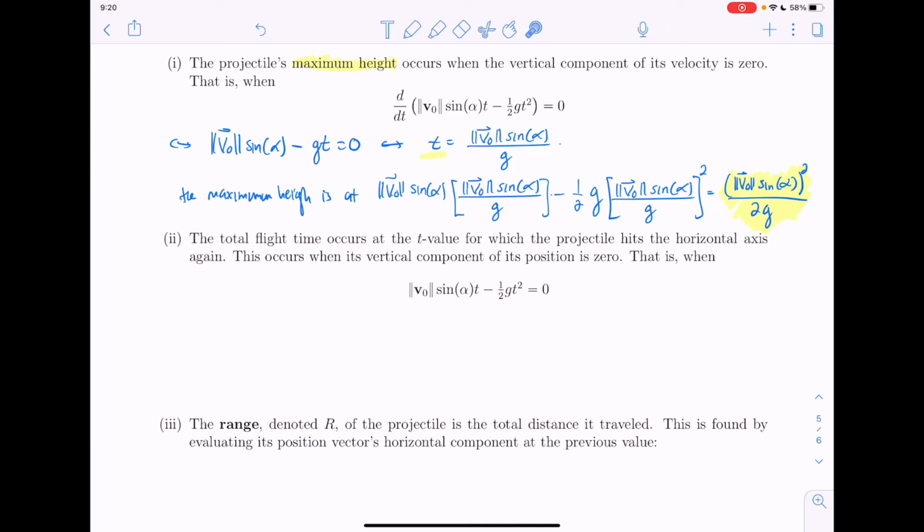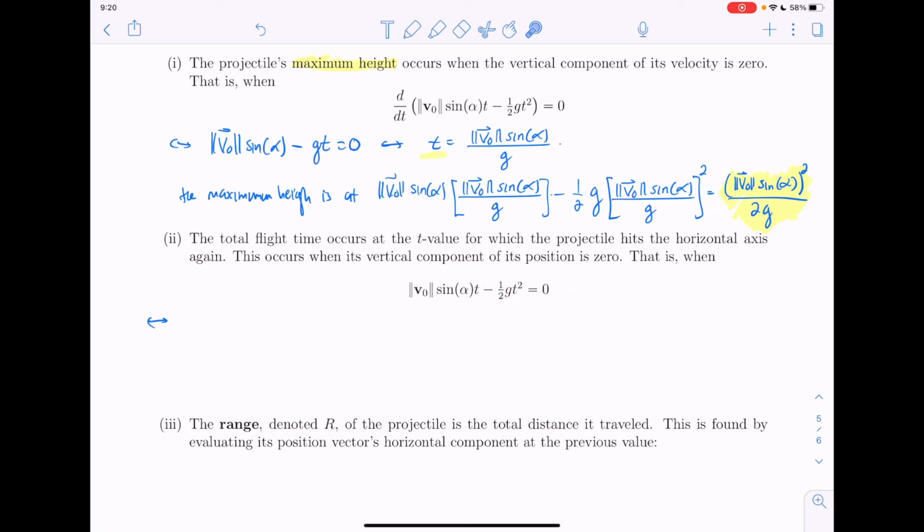Well, this of course is going to occur when the vertical component of its position is 0. The vertical component of its position, as we saw up here, is exactly this component, and if we set that equal to 0, we can solve. Now, if we do that, what we see by factoring, please do not, by the way, move this to one side and cancel a t.